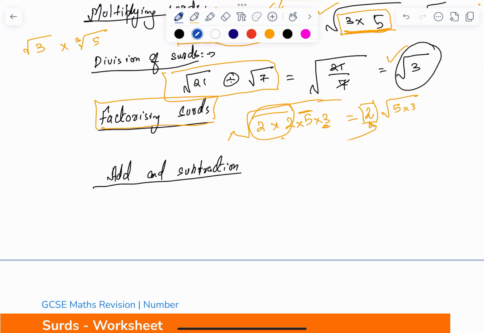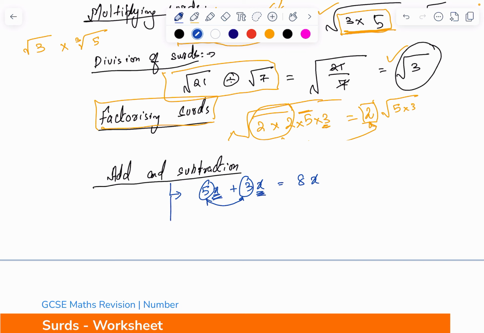Addition and subtraction. Now what we do in addition and subtraction, we already know if we have like terms, we just add the coefficients of them. For example, if you have 5x plus 3x, you do 8x, right? Means you are adding the coefficients of x, since they both are like terms.